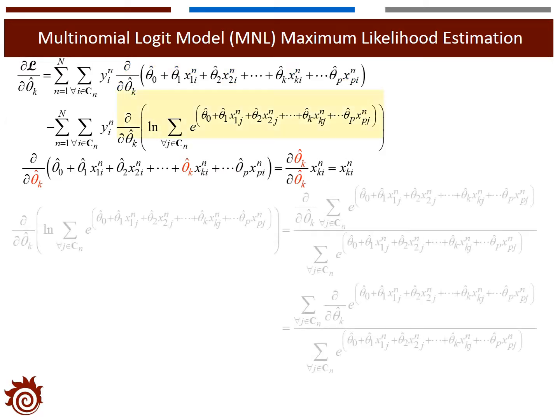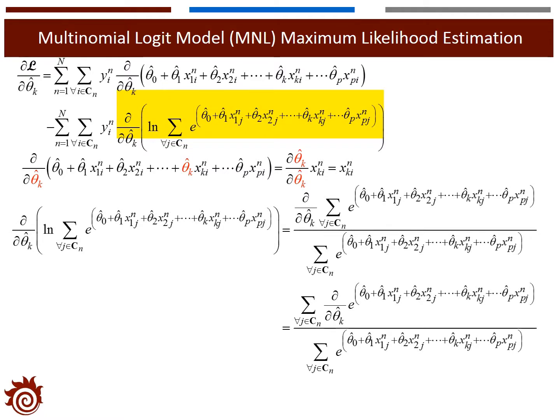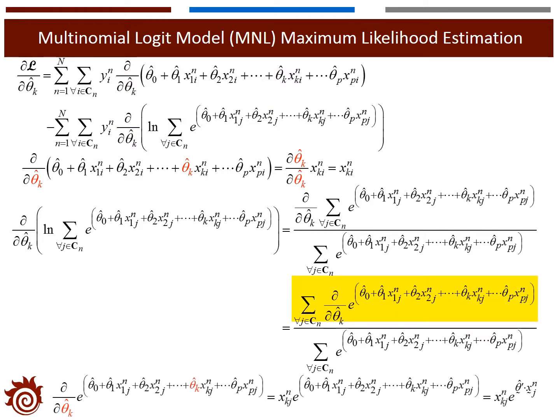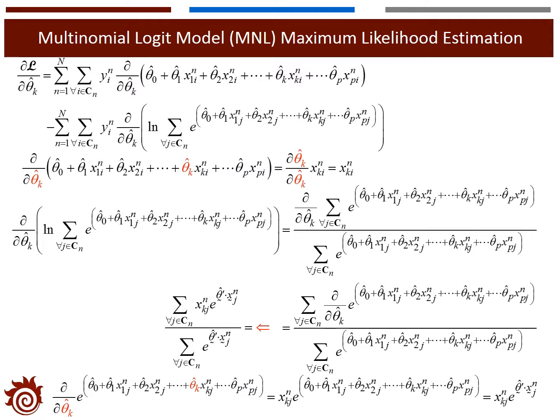For the second part, it's a little bit complicated, but after we do the simplification, we can find that the expression will be very straightforward. It will give us the result as the summation of xkj times exponential of theta times xj over the summation of exponential theta times xj.